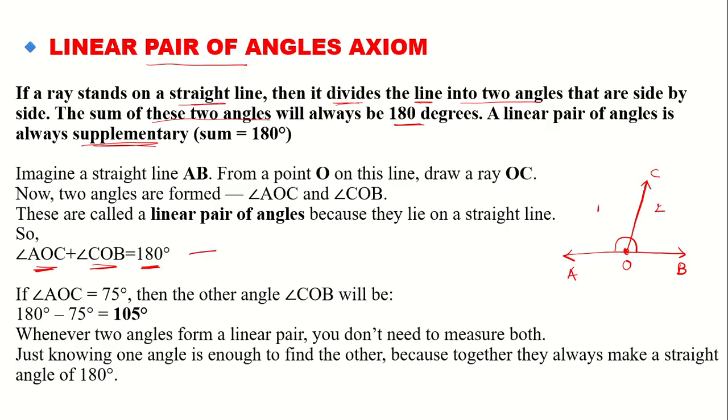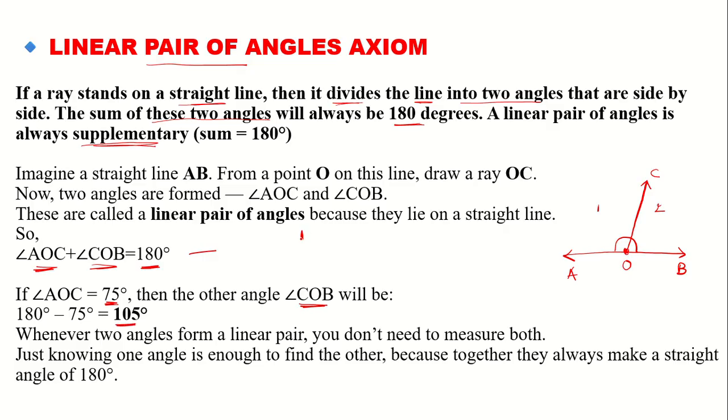For instance, what is angle 1 here? It is angle AOC. Let us assume angle 1, which is AOC, is 75 degrees. Then how will you calculate the other angle COB? You calculate it by 180 degrees minus 75 degrees, which is 105 degrees.